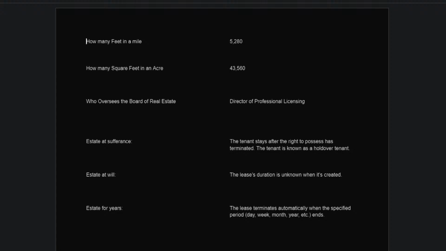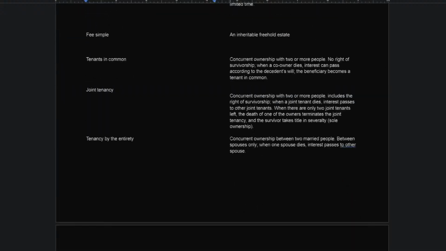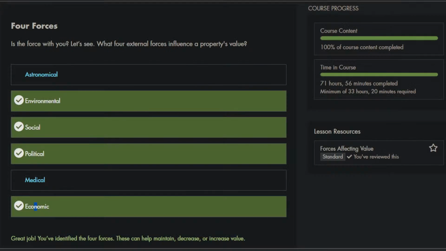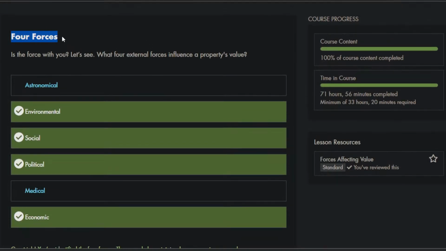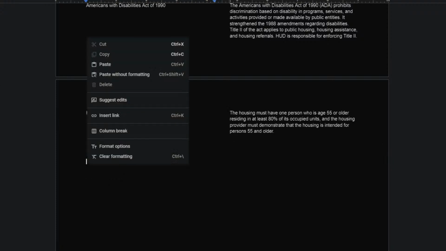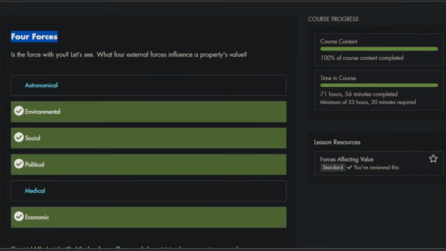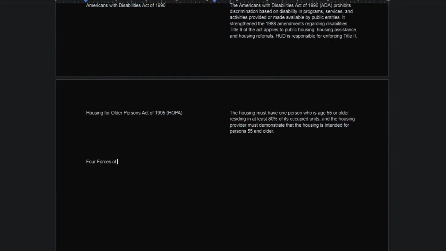flashcards here. This is what I call it. It's just a cheat sheet, actually. It's not really flashcards, but it's what it was supposed to be, but never really quite got there. So the four forces are... there we go. Four forces of property value. Because you know these are probably going to come up, right?